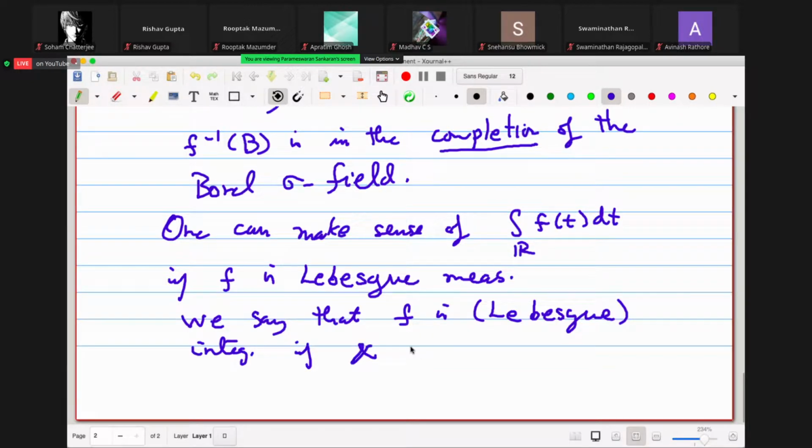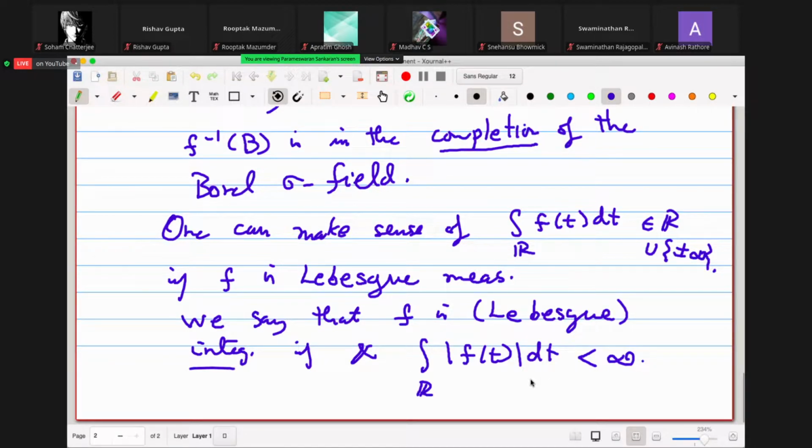I have not told you what the value of this is. It is going to be some number in the real numbers, but extended real numbers, plus or minus infinity, also are allowed here. But here you look at this integral of mod f(t) dt over R. This must be finite. So we say that this is integrable if this is the case.